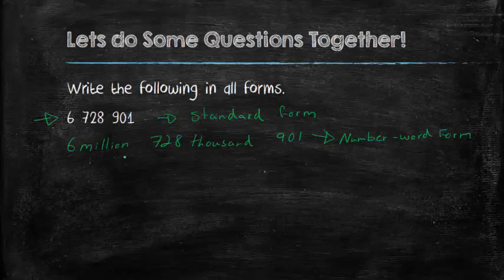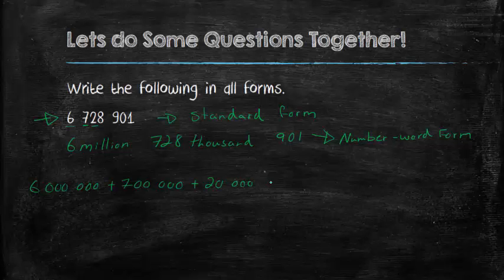Last but not least is the expanded form. And the expanded form, as you recall, is the same number. However, we write it out in expanded form by adding up the place values. So for 6, there's 6 million, so we write it out, 6 million plus 700,000. Plus this 2 represents the 10,000s, so there's 2 of them, so that's 20,000.